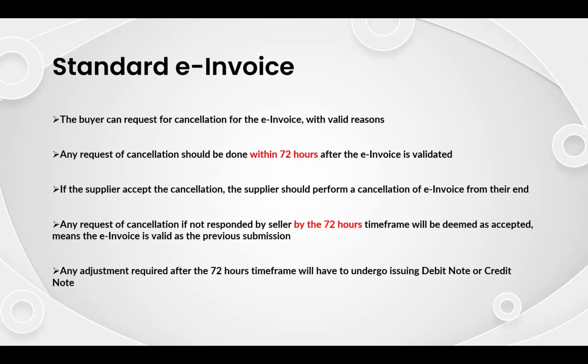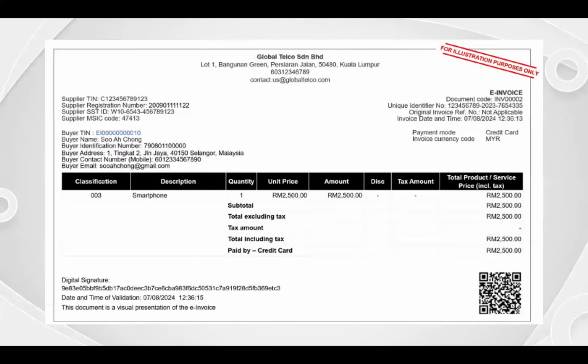Any cancellation, editing, or rejection of an invoice should be done within 72 hours of the e-invoice being validated. After the 72 hours, any cancellation or editing request can only be adjusted using a CN or DN. Then you need to issue a debit note or credit note if you want to adjust after 72 hours.